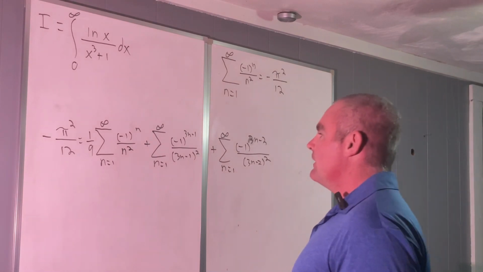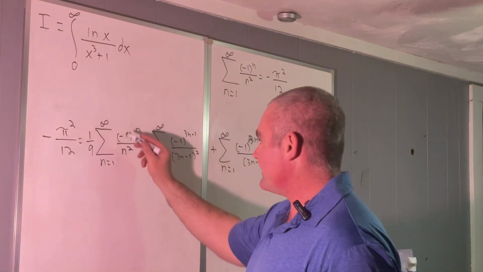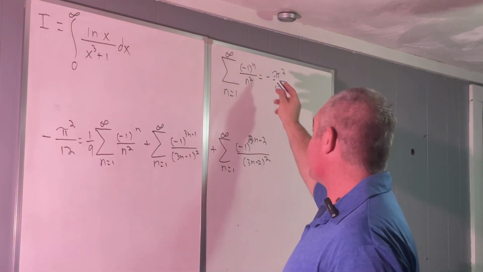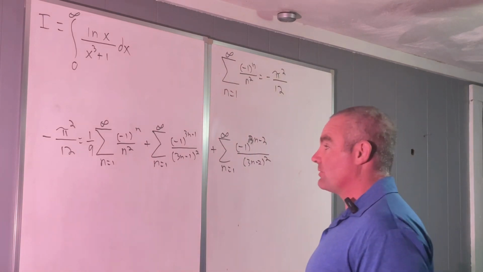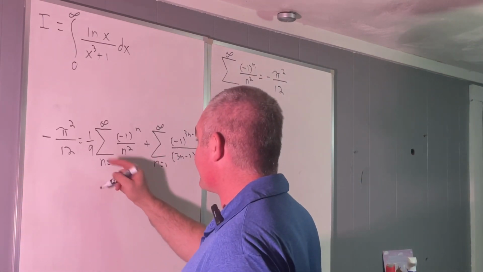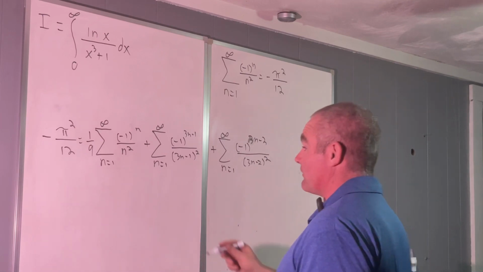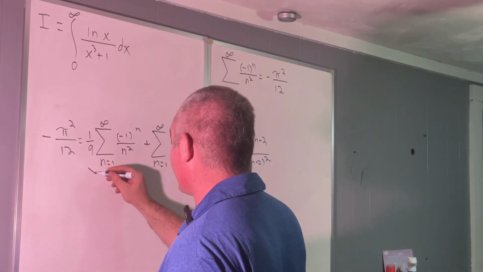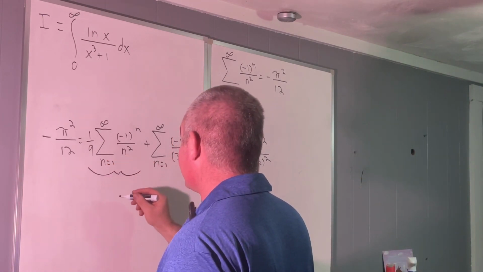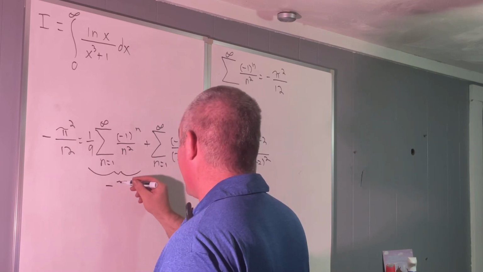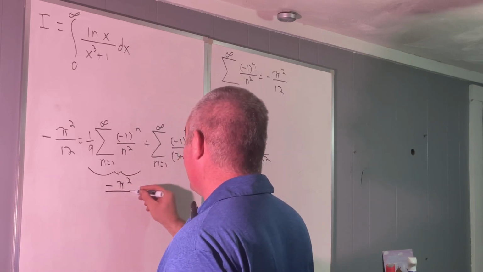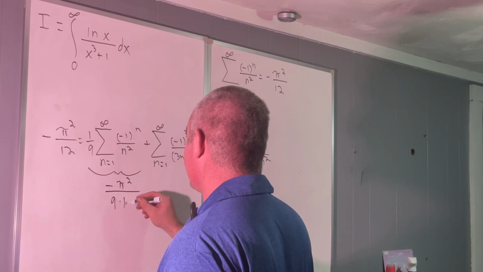All right, well, let's notice that this is exactly the alternating sum of the reciprocals of the squares. So this is just 1/9 times negative pi squared over 12. In other words, this term right here is equal to negative pi squared over 9 times 12.